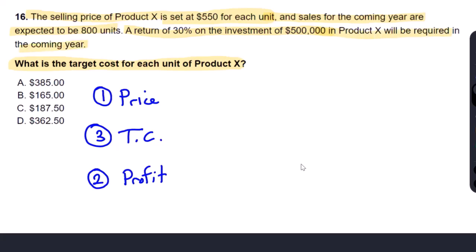So we can use the same approach. And did they give us a selling price? Yes, they did. $550. Let's plug that right into our template.